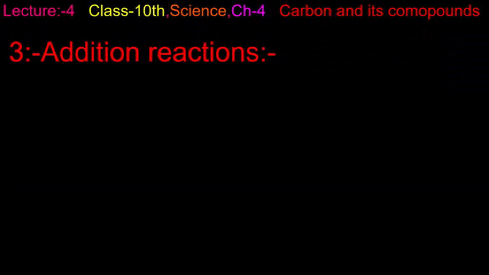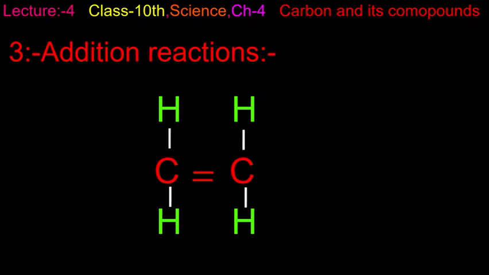At number 3, we studied addition reactions. Hydrogen or other elements can be added to unsaturated hydrocarbons. For addition of hydrogen, nickel is used as a catalyst and usually the Raney nickel is used.